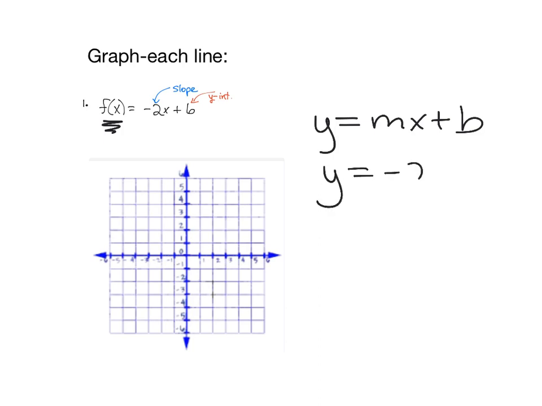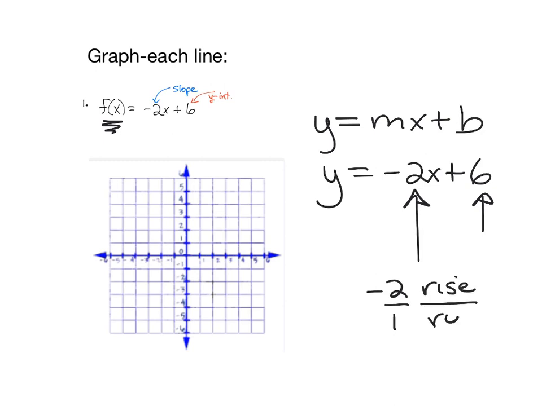So if I rewrite this here, again, my beginning point is the 6. This is my y-intercept. And then the number in front of x, this is my slope. And this is going to tell me how I'm going to move from that beginning point. This is my rise and my run.